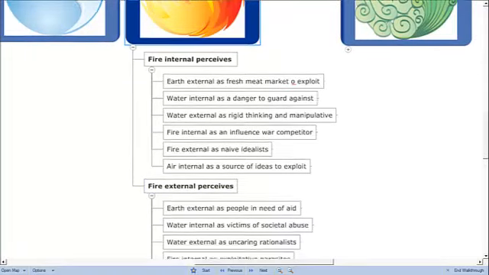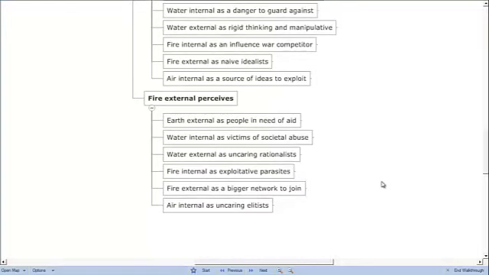Fire external sees earth external as people in need of aid. It sees water internal as victims of societal abuse. So again, fire external, this is the level of caring and sharing, the vegan, vegetarian, save the whales crowd. So it perceives earth external as people that need help. It experiences people at water internal as victims of societal abuse.